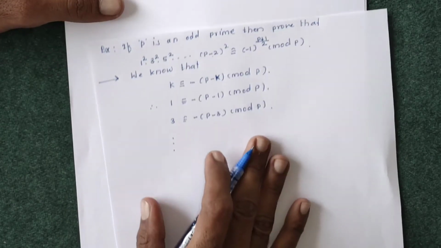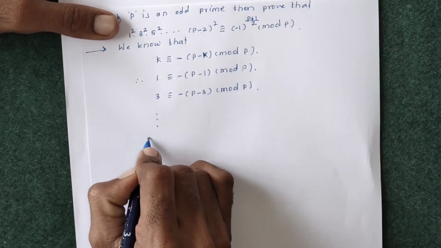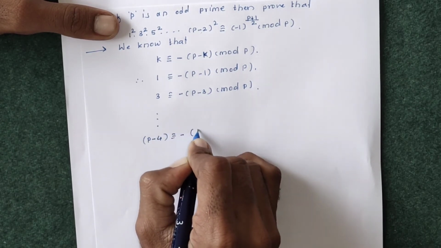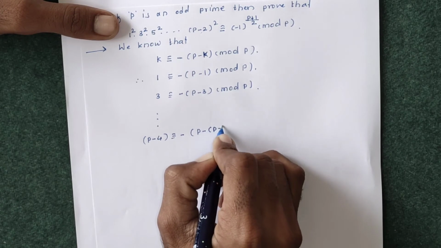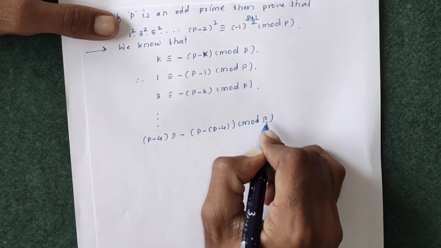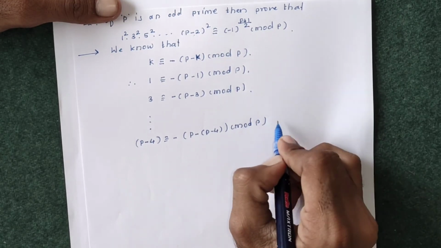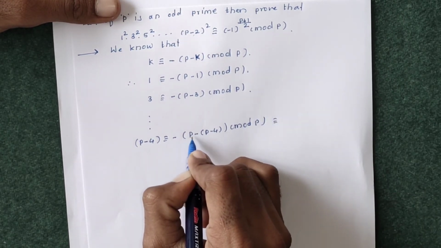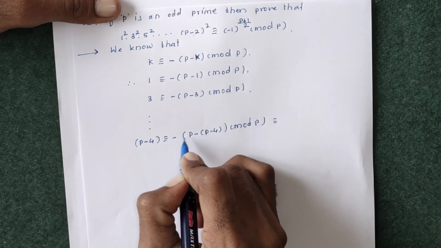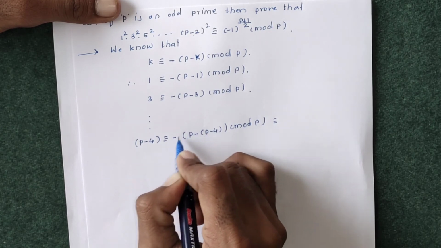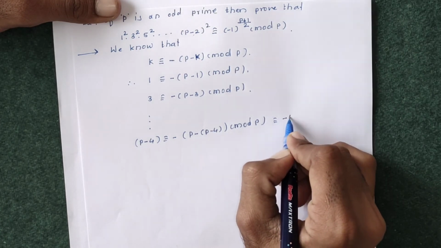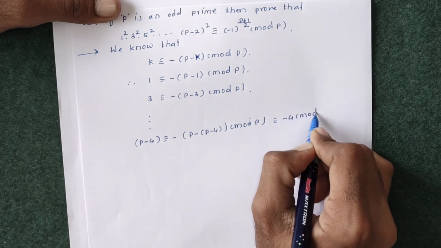So p minus 4 is congruent to minus of p minus 4 under modulo p, or we can write this as minus p plus p, so minus p plus p cancels, and we get minus 4 under modulo p.